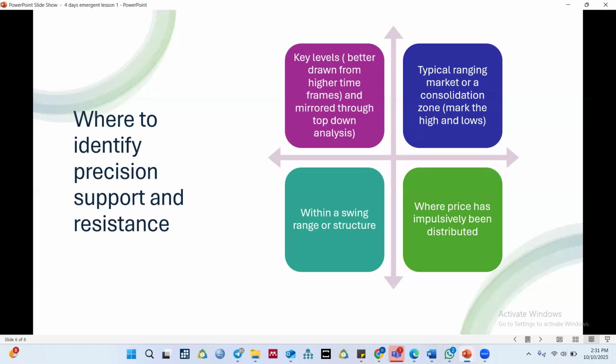You draw the lines and then you keep refining and move into 4 hour, 2 hour, 1 hour, 30 minutes, 15 minutes, and then keep drawing these lines. Okay. But what I have personally observed is that the higher the time frame, the better it is.